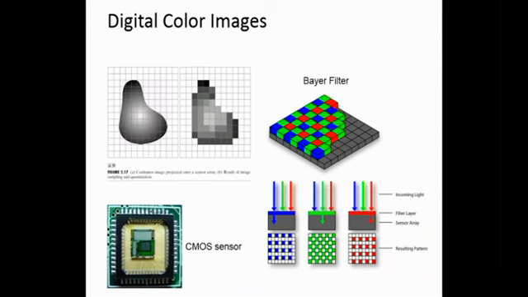So originally it will produce a red or green or blue value at each cell, or for each pixel. But then the camera will process it to fill in the missing values for red, green, and blue. So what the camera will actually give you is a red, green, and blue value for every pixel.